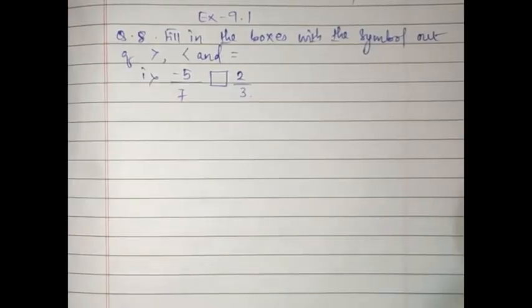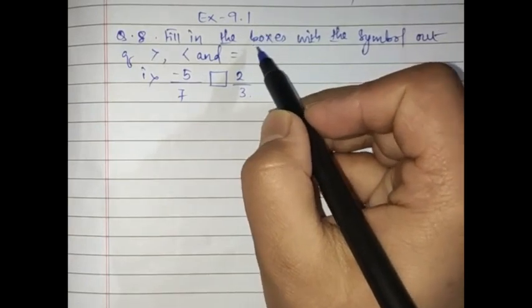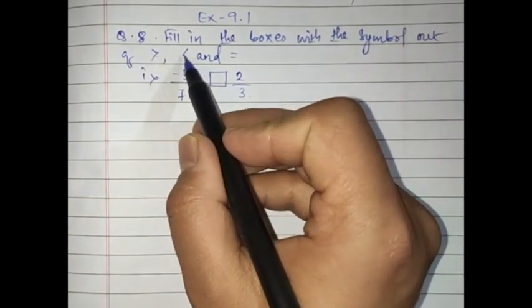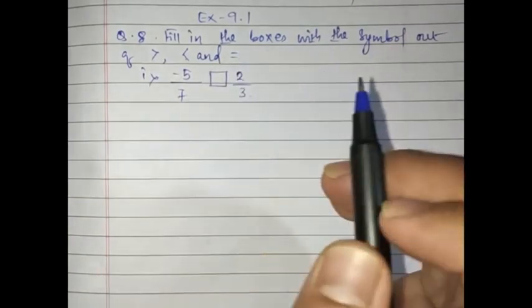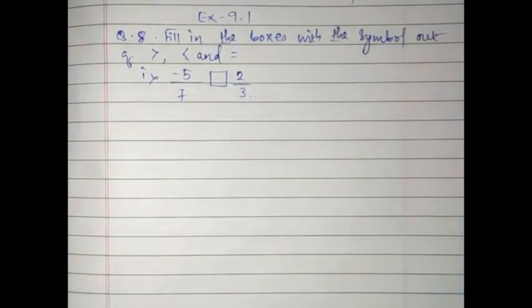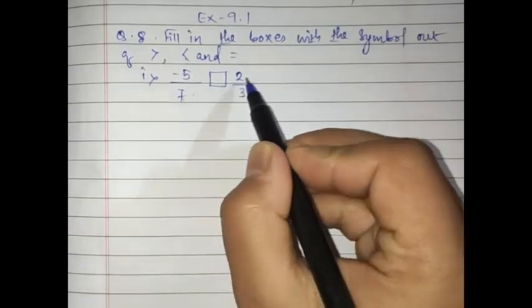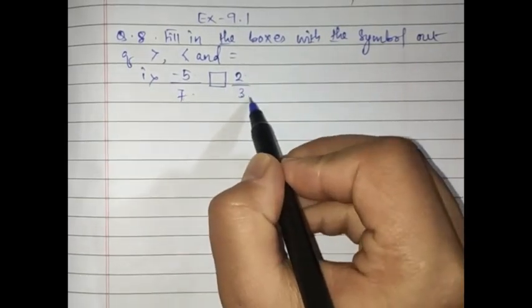So moving on to the next question, question number 8 from exercise 9.1. Fill in the boxes with the symbol out of greater than, equal to, and less than sign. Okay. So to solve this, we will use the technique we used in question number 7. This denominator will multiply both sides and this denominator will multiply both sides. Okay.